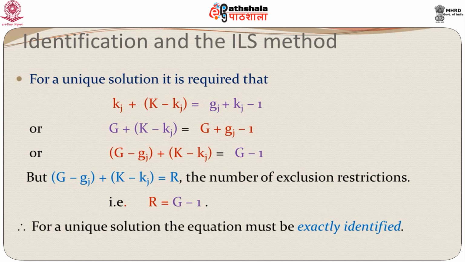If there is an equation which is over identified, then we cannot use the indirect least squares. So, it is slightly restricted in the sense that it only can be done when you have exactly identified equations, and we will see that again from a different view in the next lecture.